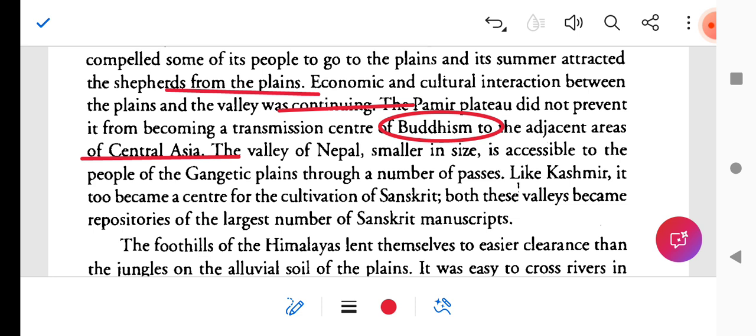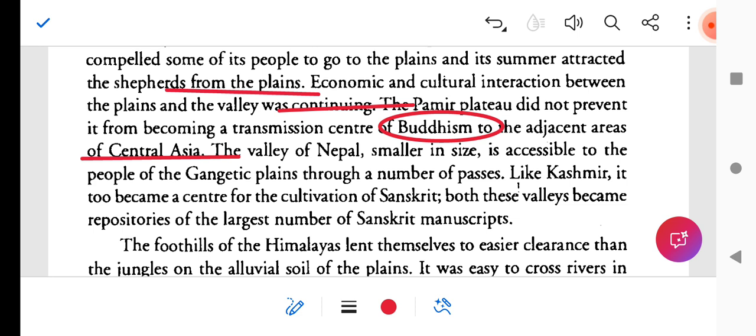Uttarpath means the road built at that time, and in recent days it is known as the Grand Trunk Road, which was built up by Sher Shah Suri.